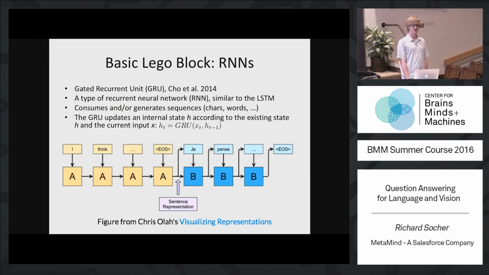Now, who here is familiar with recurrent neural nets? It's roughly half. All right, so sorry for that half. I'll go over that literally quickly. The main idea is you have a vector representation for each word. You can, for now, assume that that vector representation in the simplest form is randomly initialized.